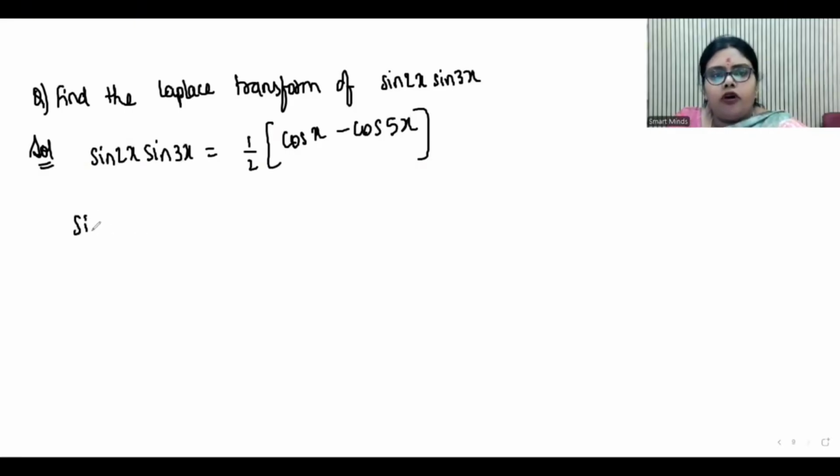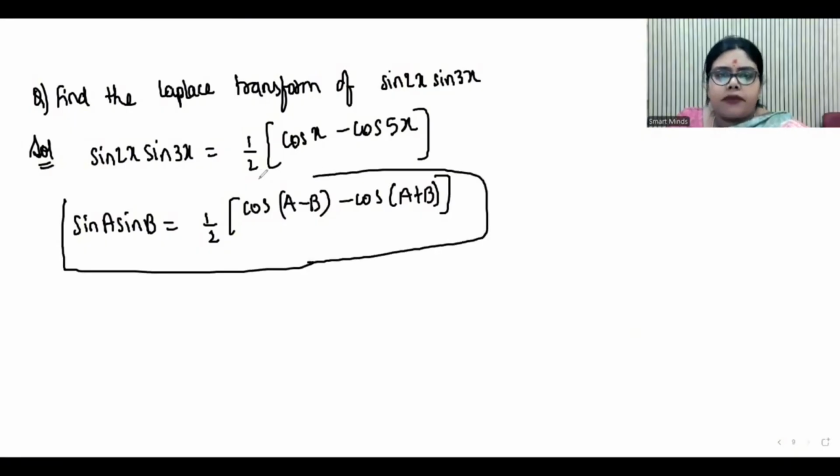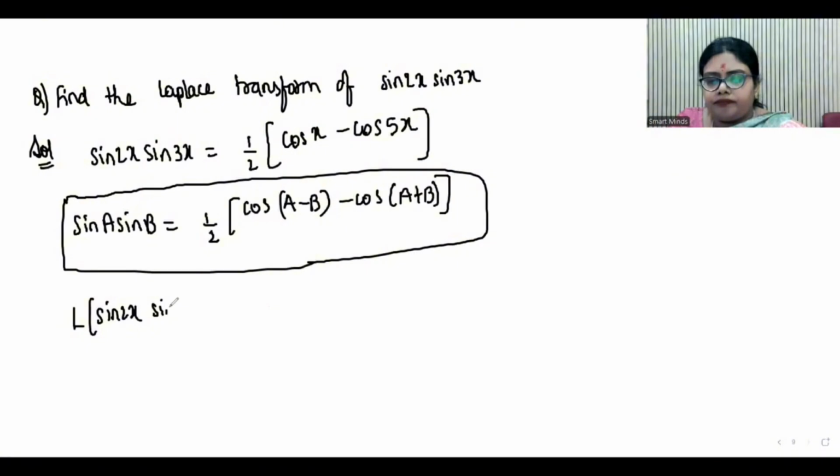Okay. So we have a formula. sin A sin B is equal to 1 by 2 into (cos (A minus B) minus cos (A plus B)). This is the formula. This formula I applied in the first step. Now, to find L of sin 2x sin 3x, that is 1 by 2 outside, L of cos x minus L of cos 5x.